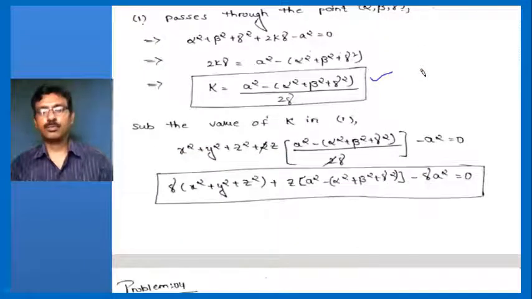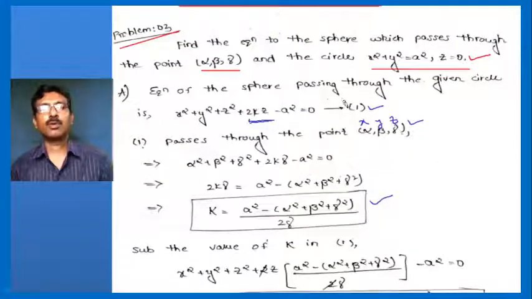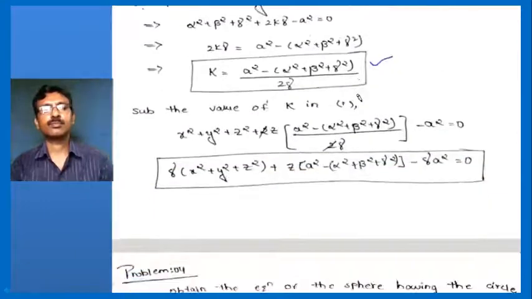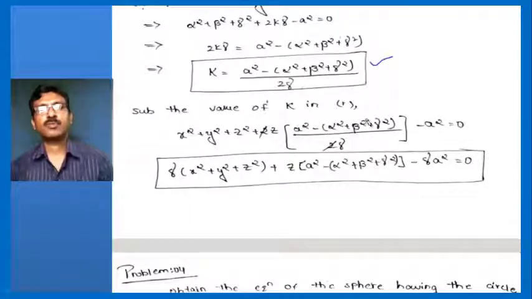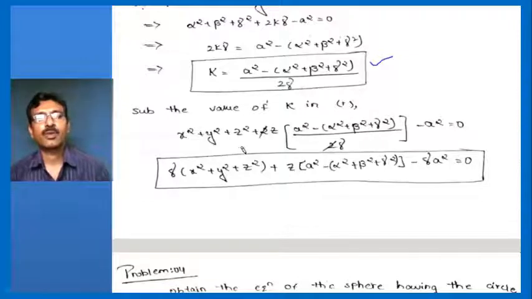Substitute the k value in the equation 1. x square plus y square plus z square plus 2z into k, what is k, a square minus of alpha square plus beta square plus gamma square by 2 gamma, 2 gets cancelled, minus a square equal to 0.